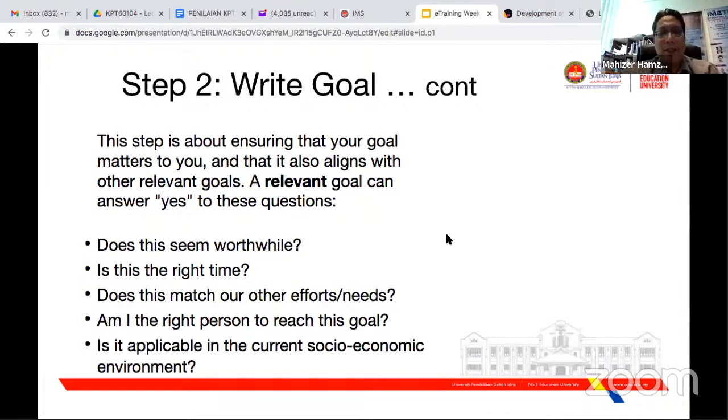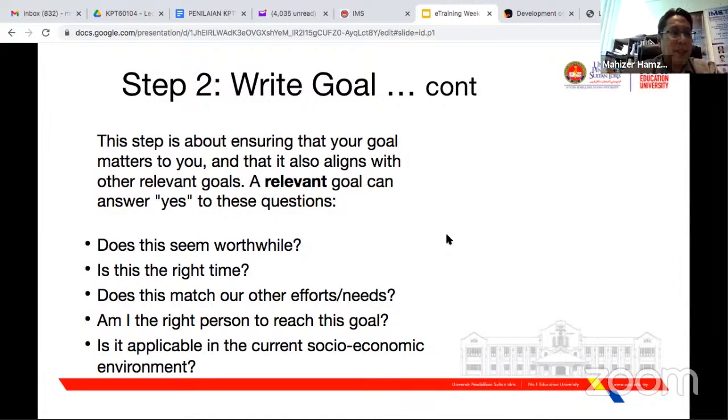And then does this match our other efforts? Okay, depends. Am I the right person to reach this goal? For example, they make sure that you are the one who develops the right e-training for that industry.